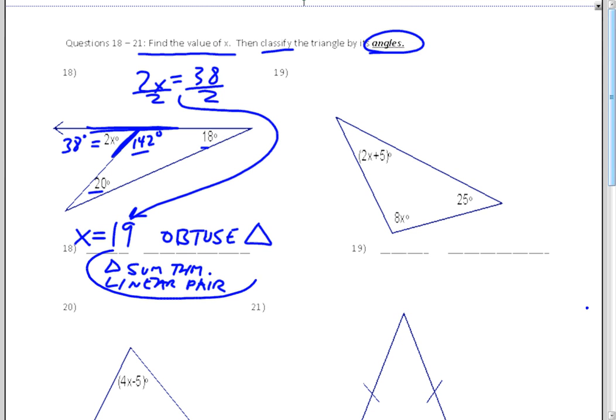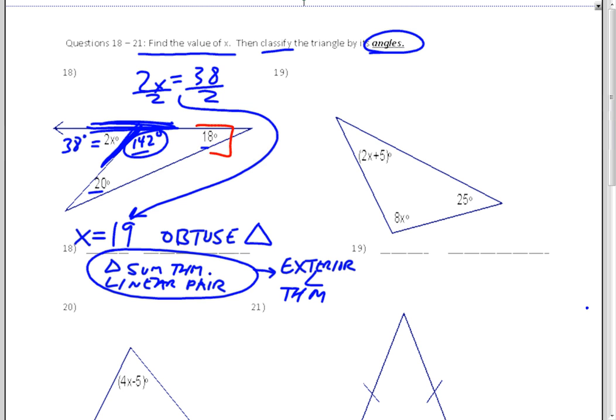These two ideas right here can be combined into one idea called the exterior angle theorem. Instead of going through the process of determining the missing angle and then doing a linear pair here and here to figure out what 2x is, let's just focus on this angle and this angle.